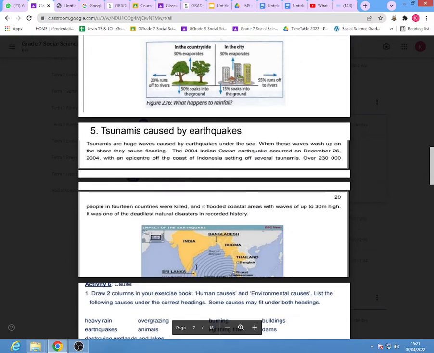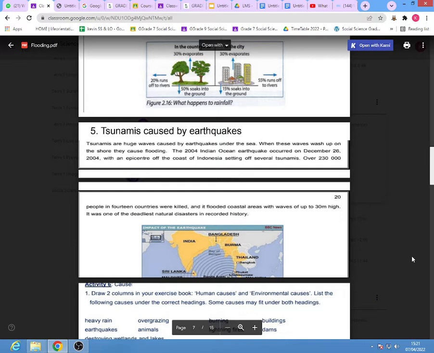Another cause of flooding is tsunamis that are caused by earthquakes. Remember when we talked about earthquakes, that they can cause the rise of water in oceans, right? So tsunamis are huge waves caused by earthquakes under the sea. When these waves wash up on the shore, they cause flooding.